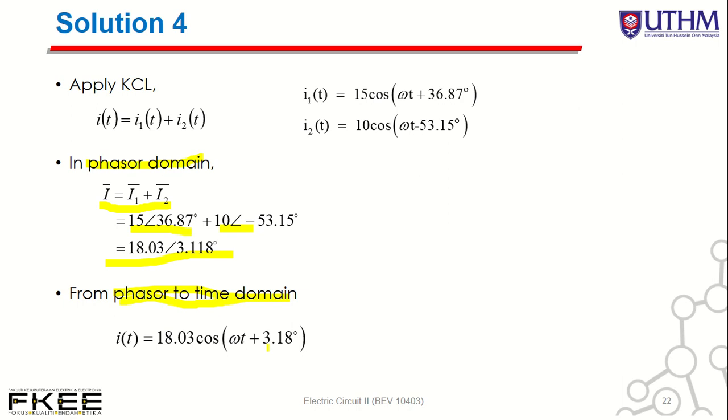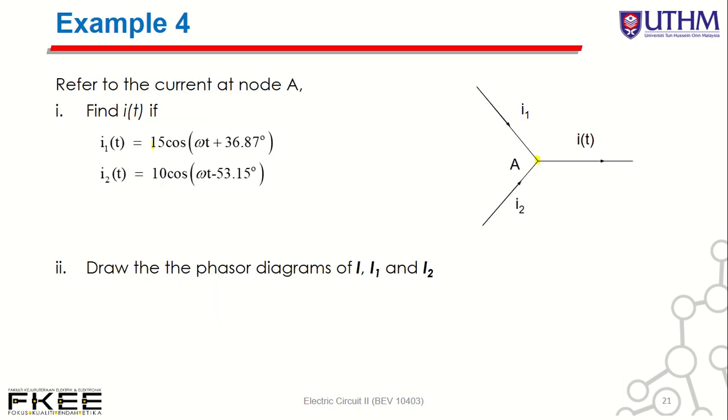Okay, is it clear? Okay, maksudnya, okay, you have given time domain function. Okay, to solve for IT, no need to add I1 small, no need to add I1 t plus I2 t directly.